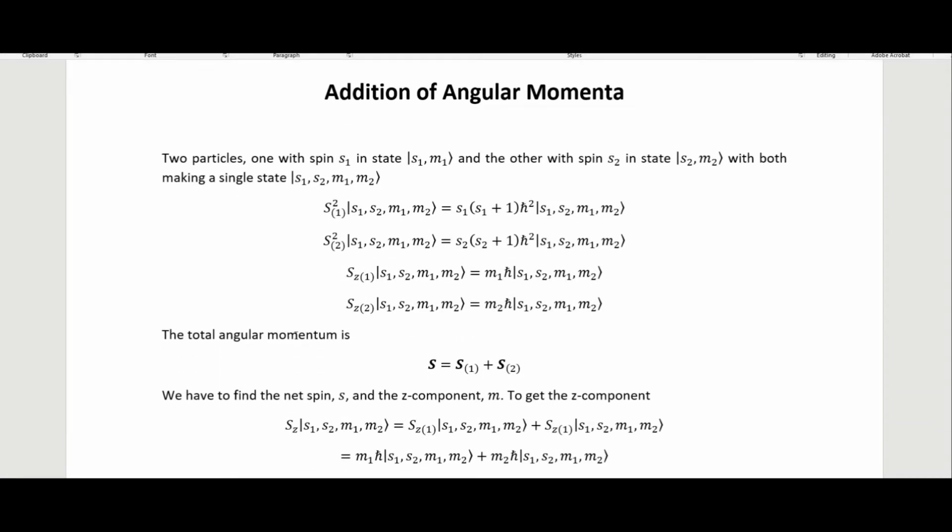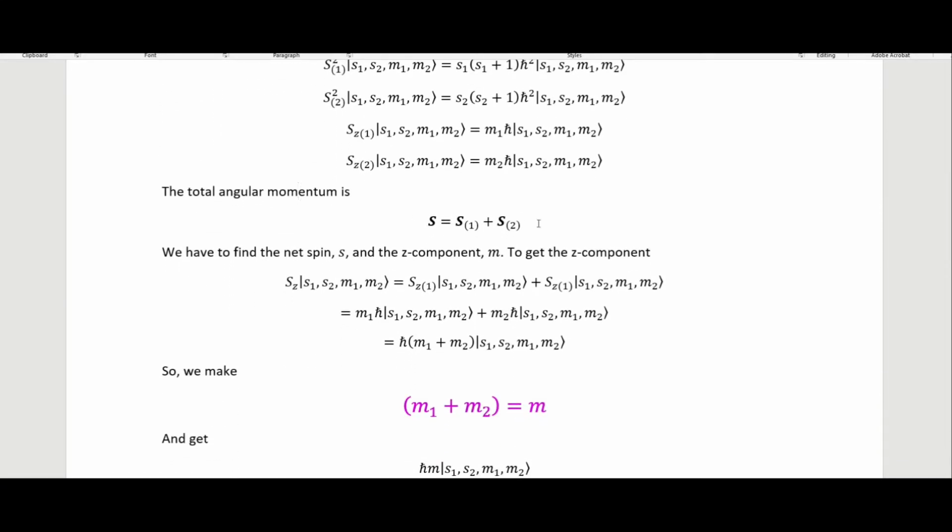So the total angular momentum is just the angular momentum of the first particle plus the angular momentum of the second particle. And so to find the m component, or the z component rather, we just act with this on the particle system, so the two particles. So we're acting on the first one and then on the second one. We end up with m1 and m2.